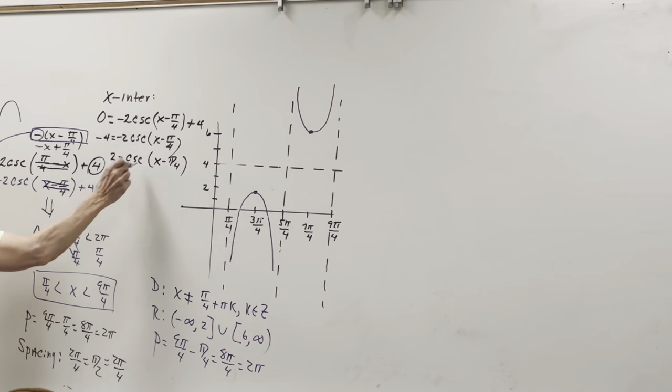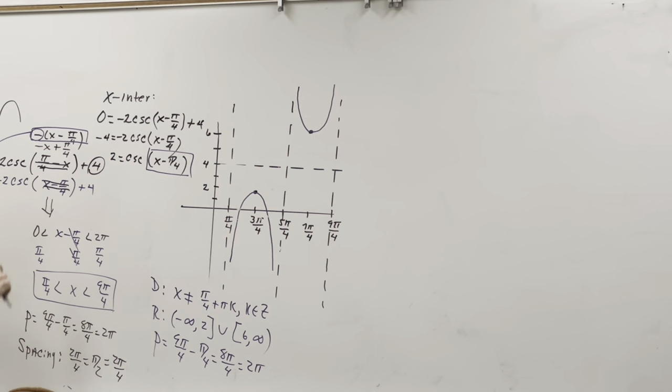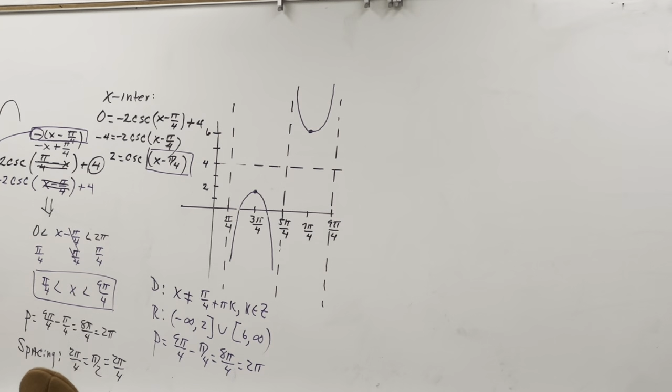Now, maybe you guys know, at what angle or angles on the unit circle is cosecant, 1 over y, equal to 2? It's 1/2, it means 30 degrees. Pi over 6.